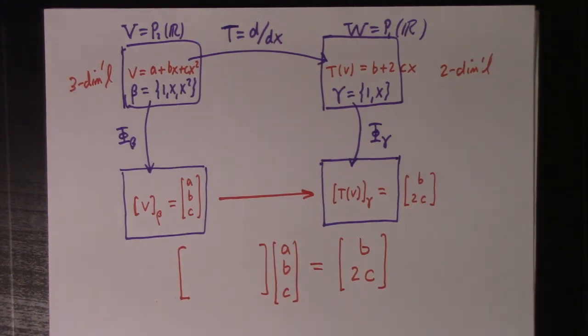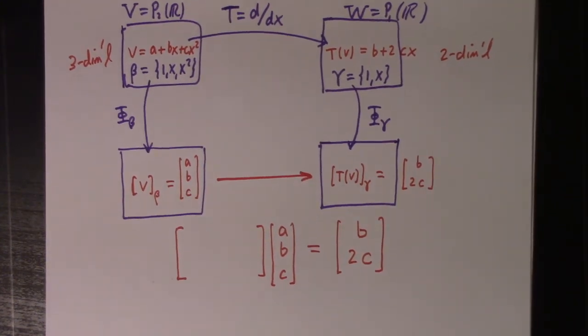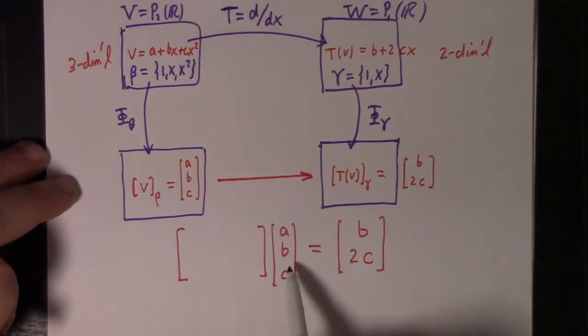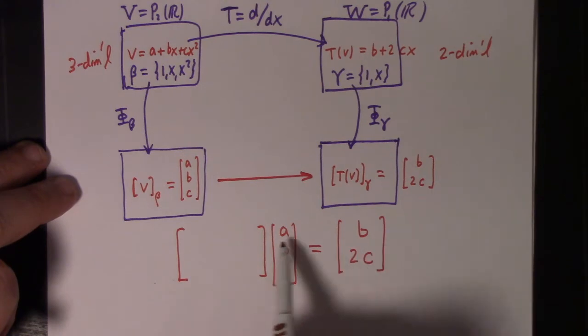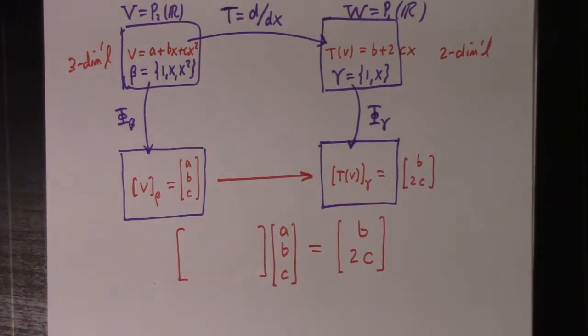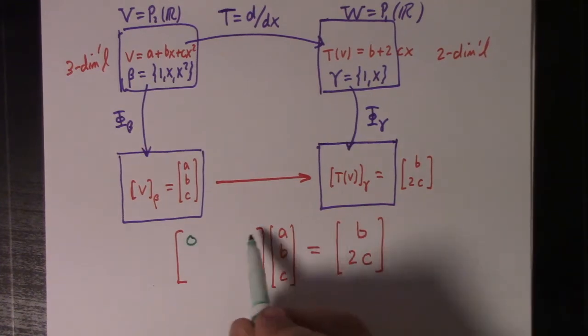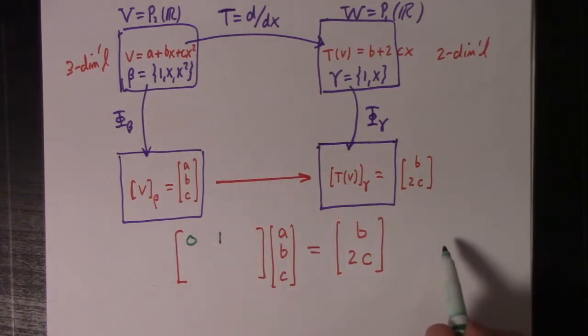As I said in the notes, tilt your head and squint. To get b here, my first row should be what? It looks like 0, 1, 2.